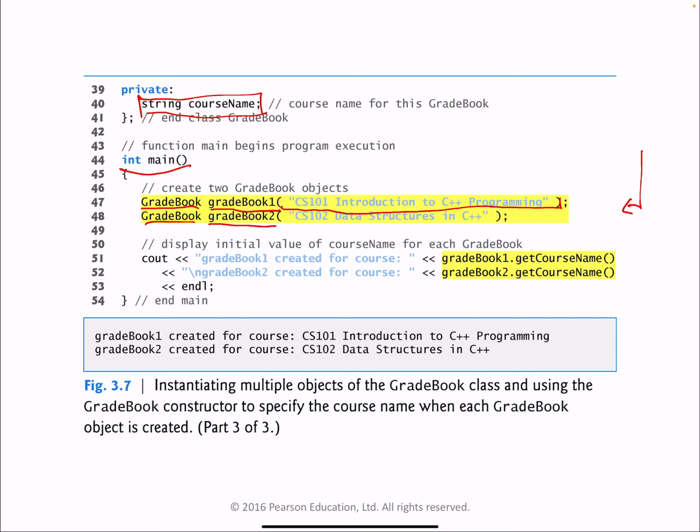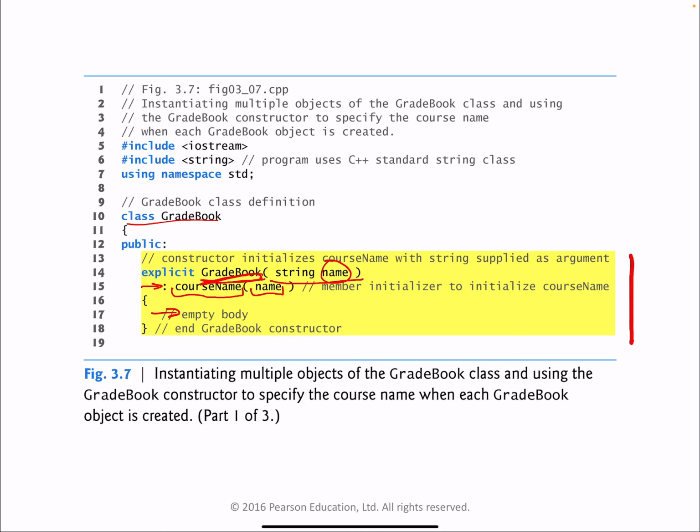This is basically the new constructor function that we added. The string being passed over here and the string being passed over here is what is received as string name, which will be used to initialize course name.